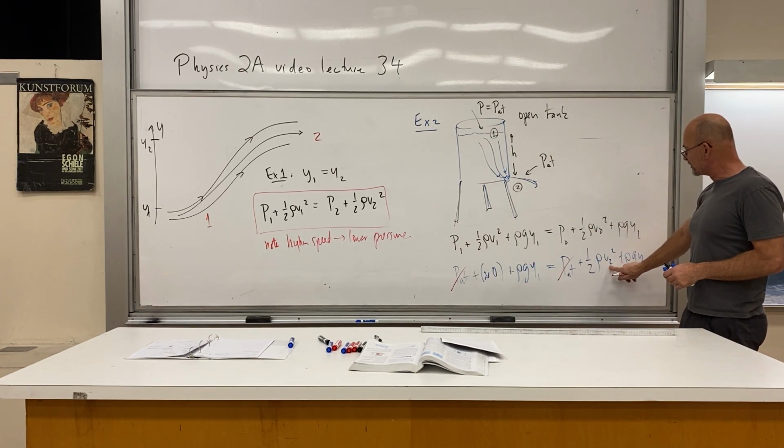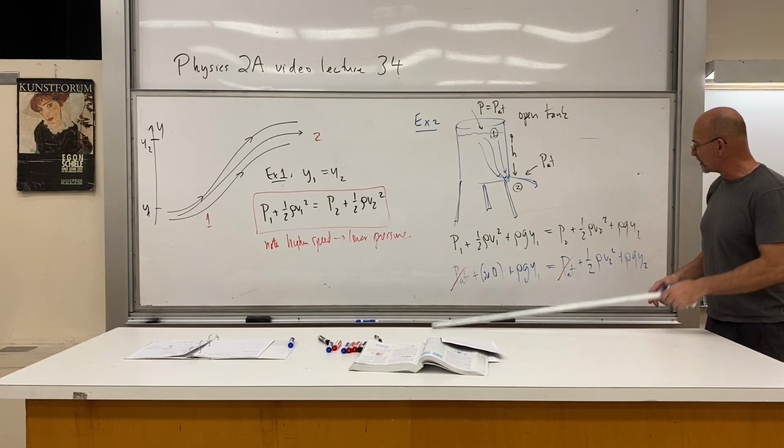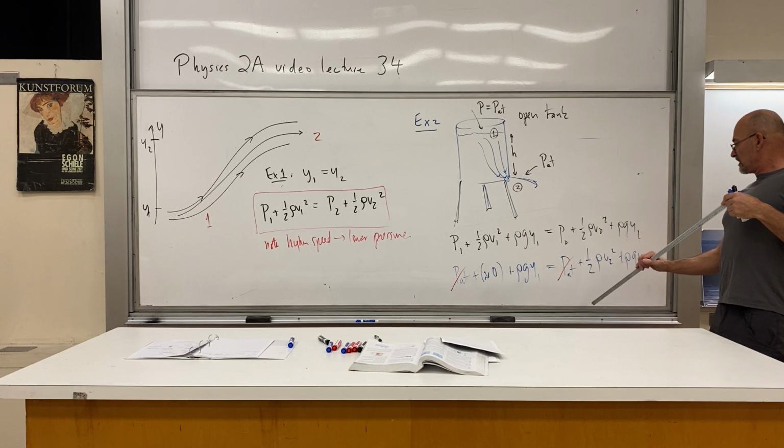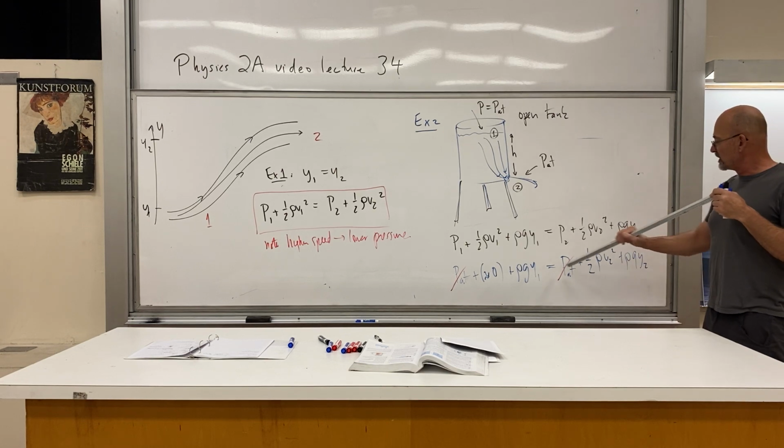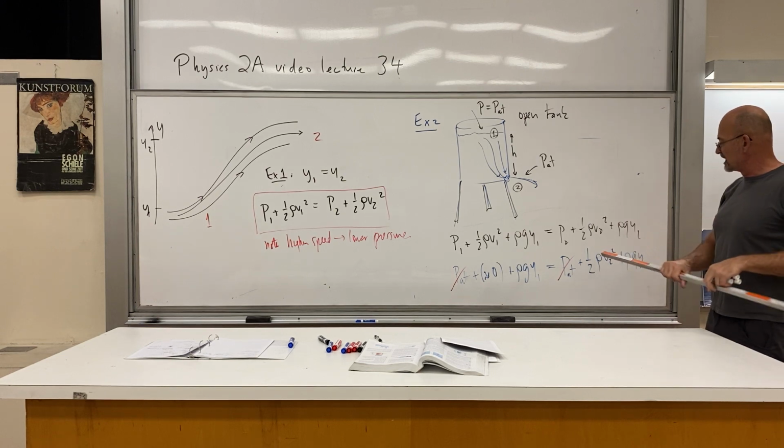We're going to solve for V2. This is just a couple of steps, I'll do them right now. You see we have density that can cancel from each remaining expression.